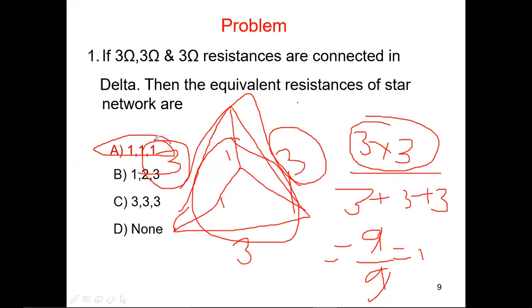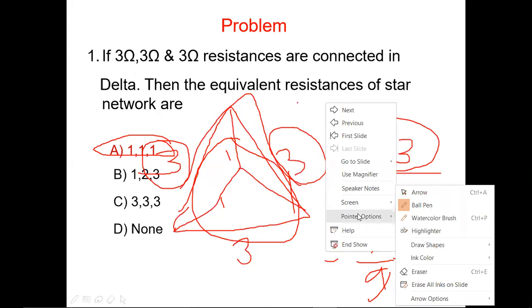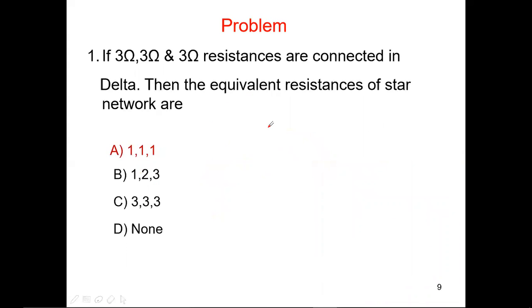1, 1, 1. Before we move to the next slide, let me clear this slide by removing my marks. Right. Here you guys need to understand a very clear point. While I'm converting star to delta, my resistance value will be triple.